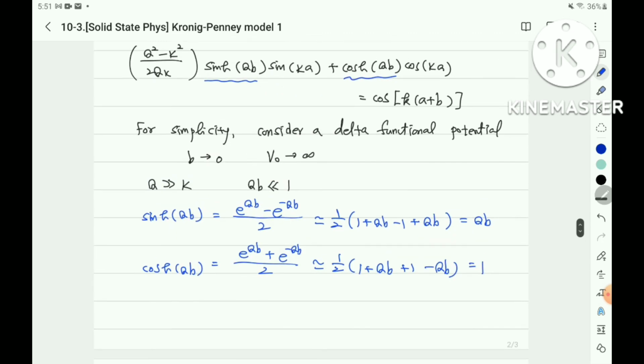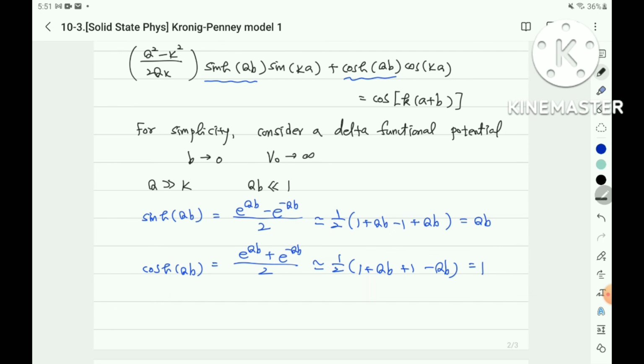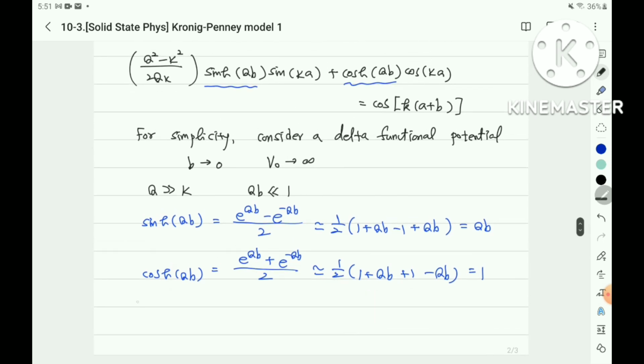Therefore, when we substitute this into the result of the Kronig-Penney model, we get (Q squared minus K squared) over 2QK, and the hyperbolic sine becomes Qb, times sin Ka, plus the hyperbolic cosine of Qb, which is 1, times cos Ka, equal to cos ka, because b equals 0.